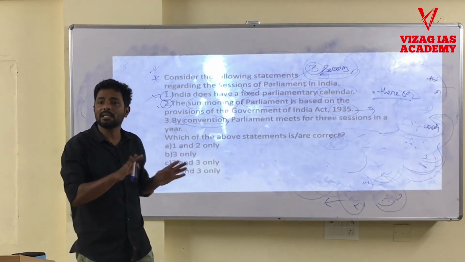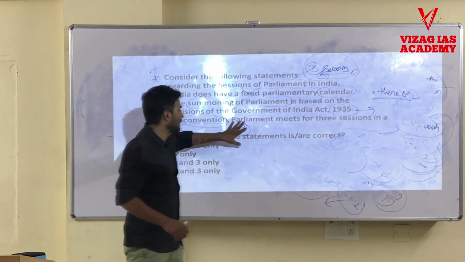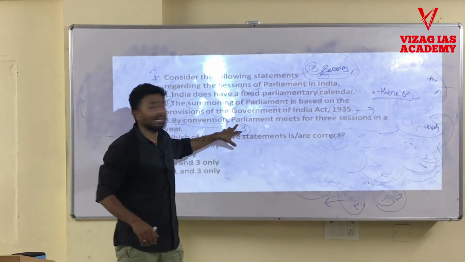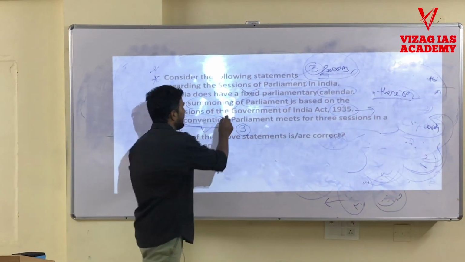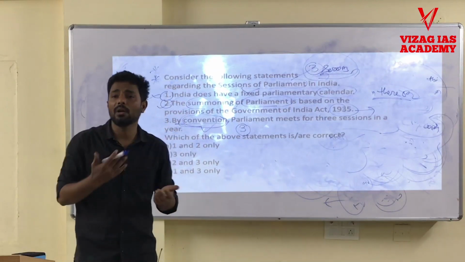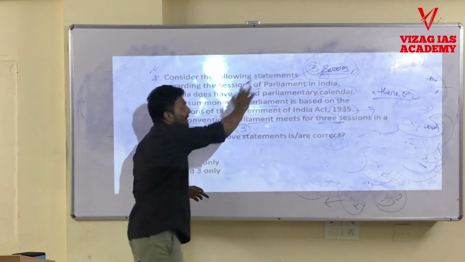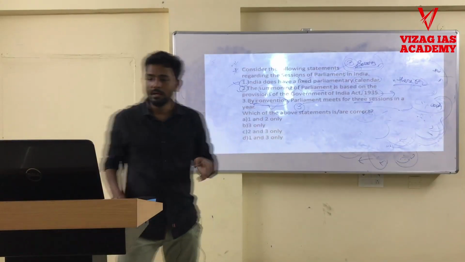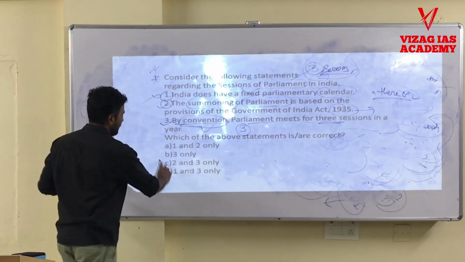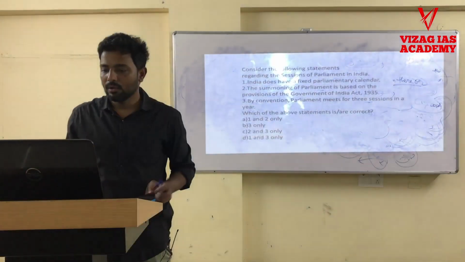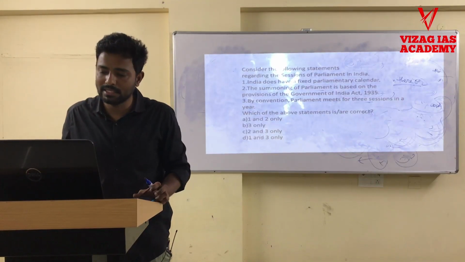That was the only thing mentioned, but in reality we have been conducting 3 sessions, which means by convention. By convention means we have long been following this. So 2 and 3 are correct. Option C. Okay, with this, the discussion session for test 6 is over.